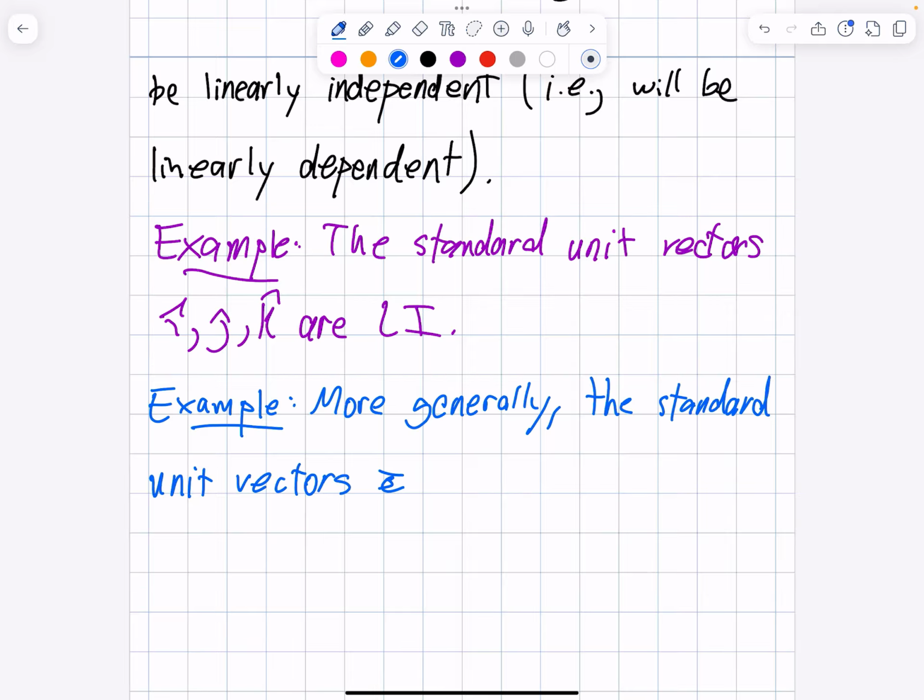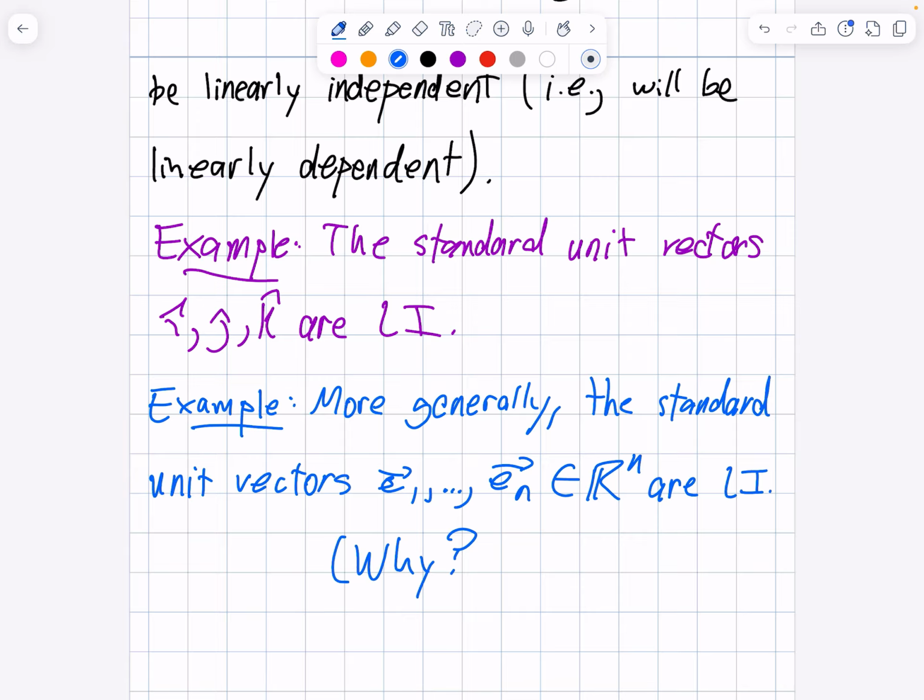So these are, we wrote them as e1 through en, elements of R^n, are linearly independent. Okay, and so for both of these examples, let me maybe ask why, right? So we'll see how linear independence and dependence is demonstrated. We'll see this later, and then you can come back and prove to yourself that these three examples really do what I say they do.